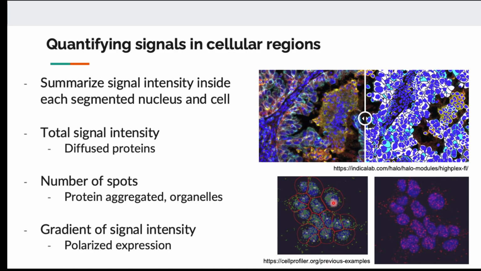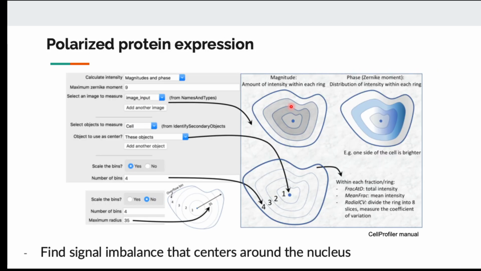So image analysis algorithms also have to account for the possibility that in your cells, the proteins are not expressed all throughout the cytoplasm, but maybe they are expressed toward a certain direction, maybe in contact with a different cell type, or maybe in the tissue structure. So some of these algorithms allow you to analyze the polarity of protein expression.